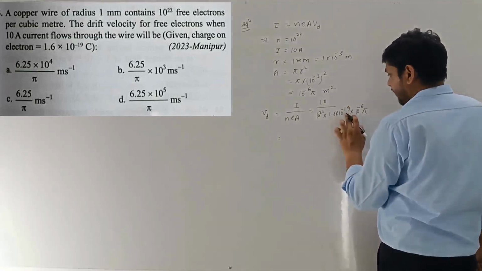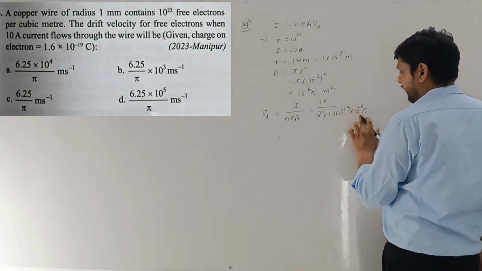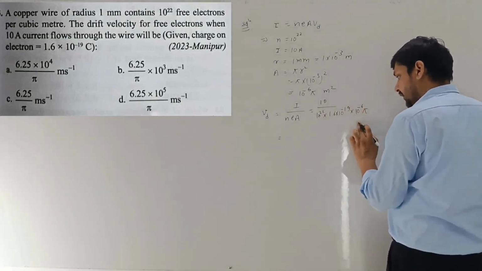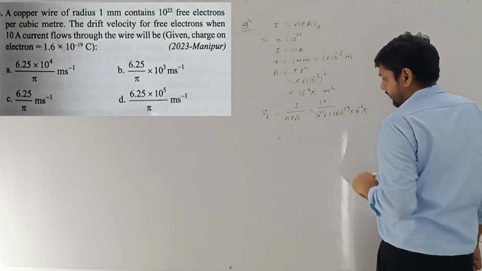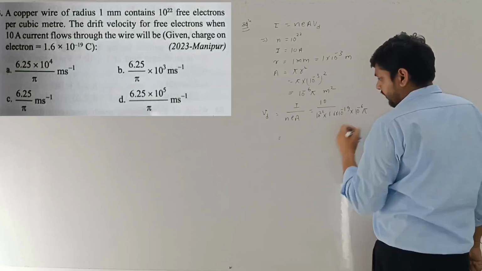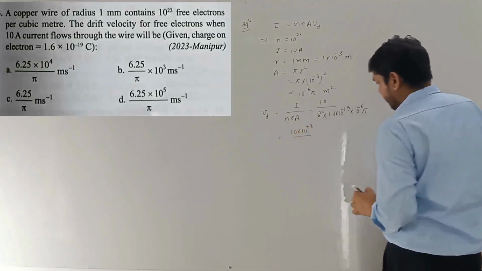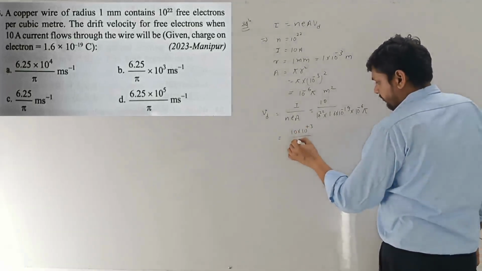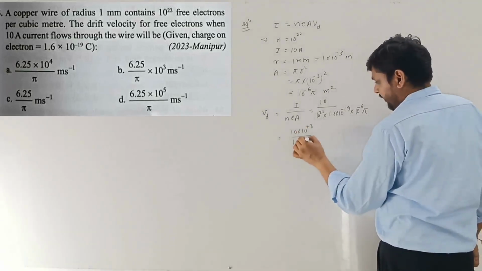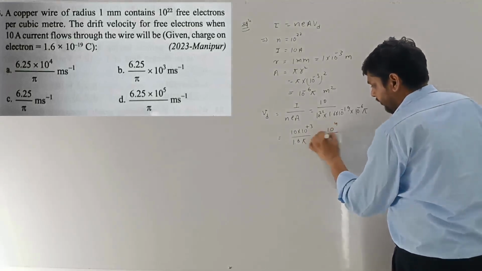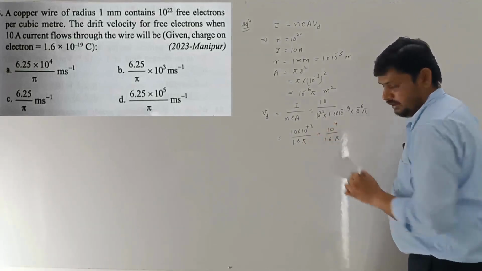If we simplify the powers, it becomes plus 3, so the value is 10 raised to power 4 upon 1.6 pi.